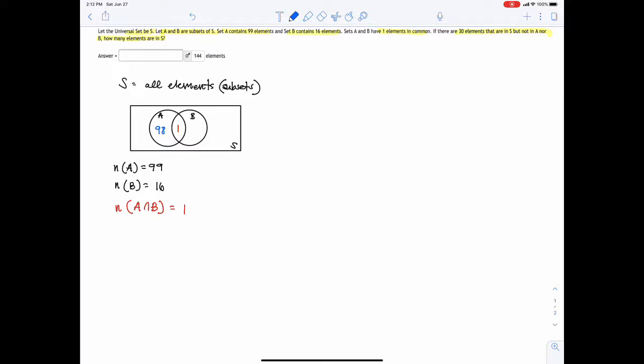So then let's think about B. If there is a total of 16 elements in set B, but one of them is shared, that means that the number of elements solely just in B itself, meaning not included with the intersection, has to be 15.